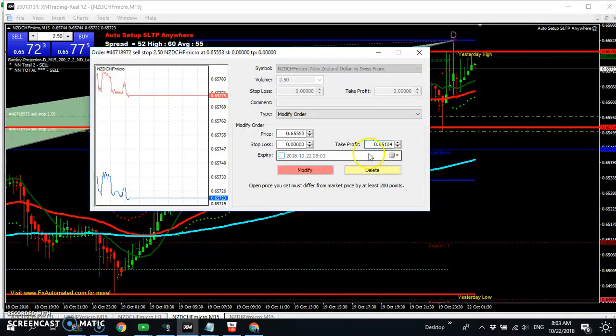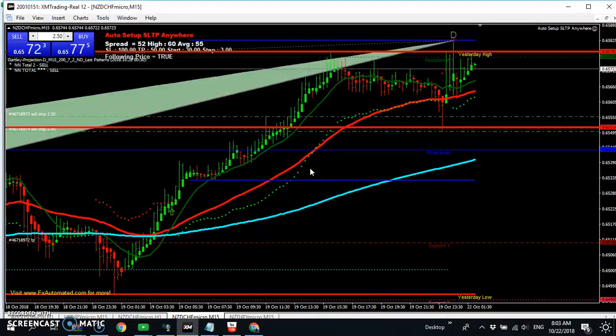This is the first exit right here, 0.65104. If you can see it, this is it, 0.65104 is our first exit.